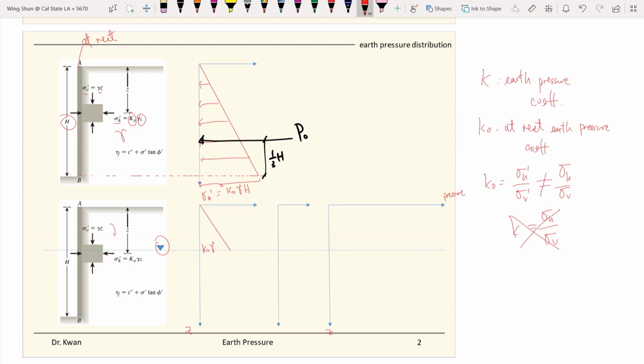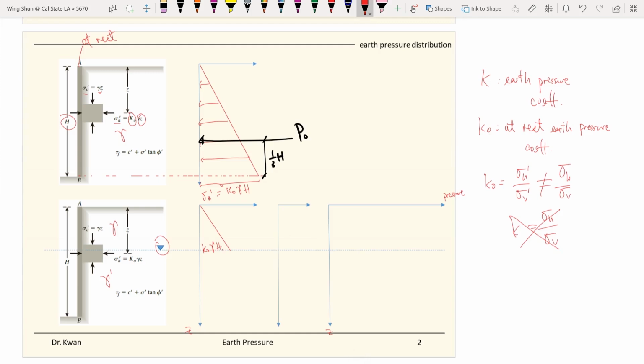So when this is dry, we have the gamma, and when we saturate it, it's effective stress based, or the effective unit weight. So it's gamma prime. But the top part is still dry. So right above the water table, the horizontal stress will be equal to K naught times the unit weight times H1.